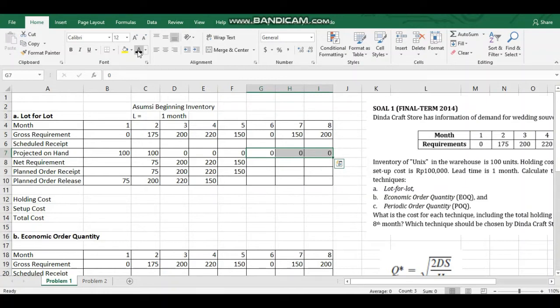For the rest of the month there will be no inventory, because it's lot for lot. We only order exactly what we need. And there is no net requirement since we have no requirement for the 6th month, right?